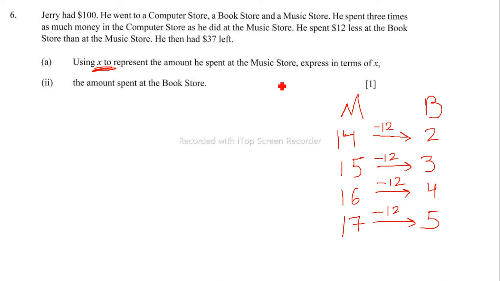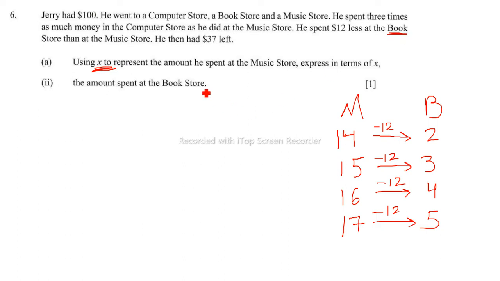No, it can't be 3X minus 12, because they say that he spent $12 less at the bookstore than at the music store.